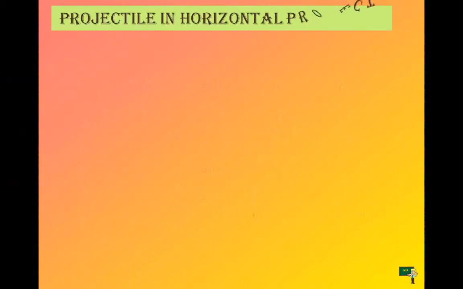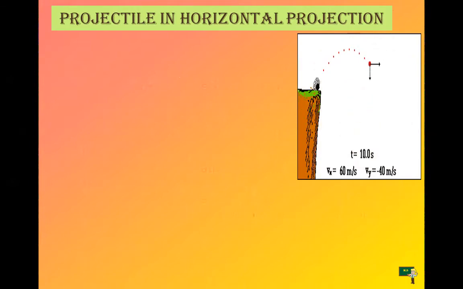Now we are going to see the projectile in horizontal projection. Students, can you see this picture? It has a horizontal projection. We are throwing a ball from a certain height, and you can see the height variation here, and the timing and the velocities of x and y, in meters per second, the velocity in the x-axis and the velocity in the y-axis.